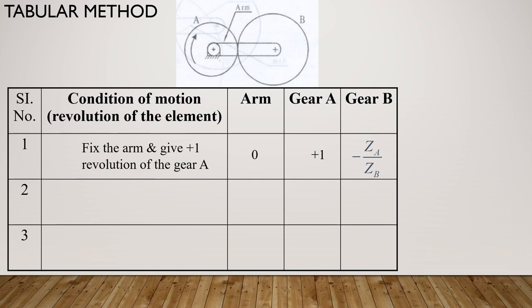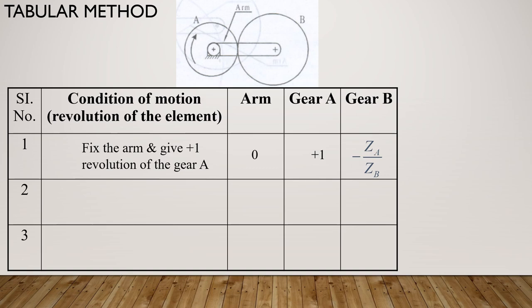Both are rotating in opposite direction, so put a negative sign, because they are rotating in the opposite direction. This is the main step. If you are able to write this first step properly, then subsequent steps are similar, there is no change.